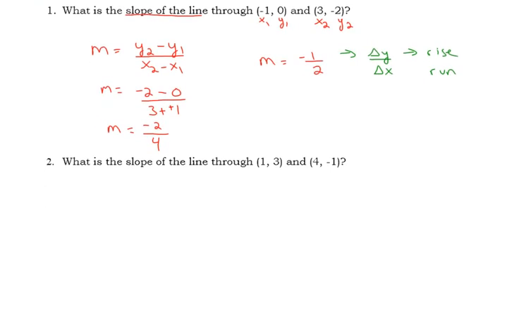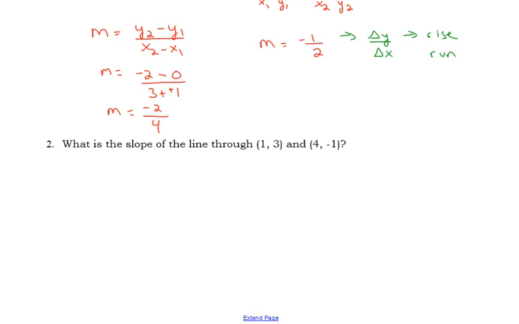Let's take a look at another example. What's the slope of the line that passes through the points 1, 3 and 4, -1? Our first ordered pair is x1, y1, and our second ordered pair is x2, y2. When we want to find the slope of the line using 2 points, we write the slope formula y2 minus y1 over x2 minus x1. And now we substitute.